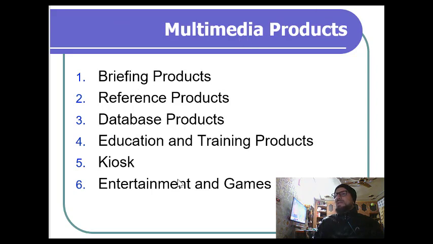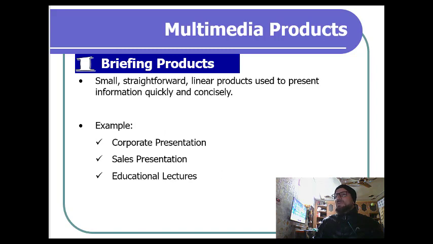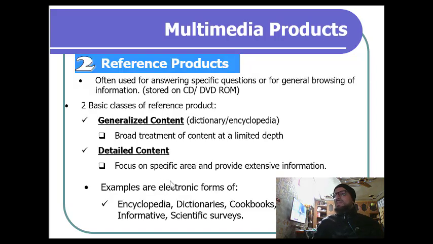And these are multimedia products which we can use, like briefing products, reference products, database products, education and training products. They're all multimedia products. Briefing products are like corporate presentations, sales presentations, or educational lectures, which are small, straightforward linear products to present your information.